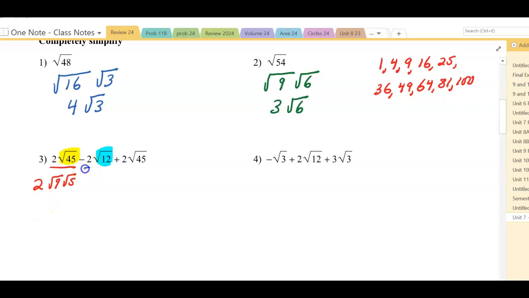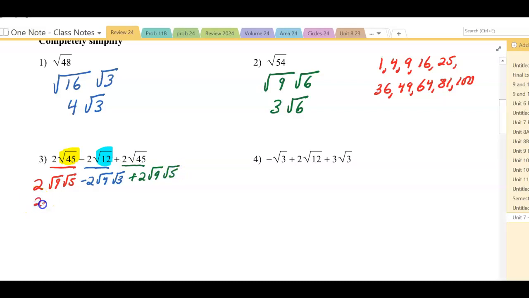The second term, which I'm underlining in blue, would be minus 2 times the square root of 4 times the square root of 3. And then the third term, which I'm going to underline in green, is going to be 2 times the square root of 9 times the square root of 5.